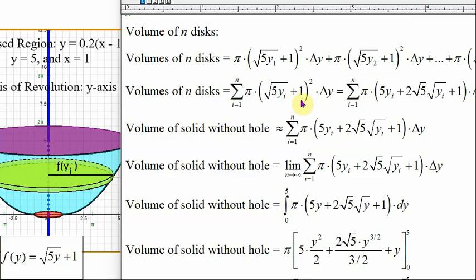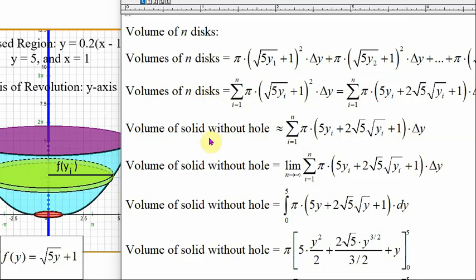And then simplify here, we get 5y sub i, and then 2 times the square root of 5 times the square root of y sub i, plus 1. So this is the volumes of n slices.